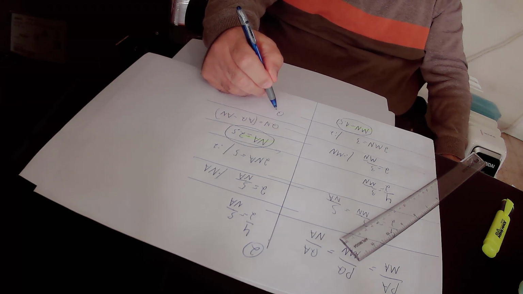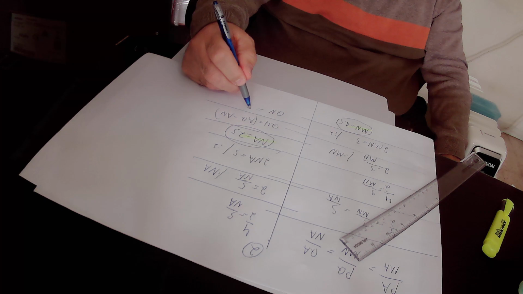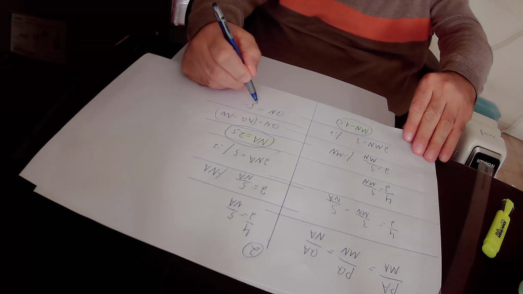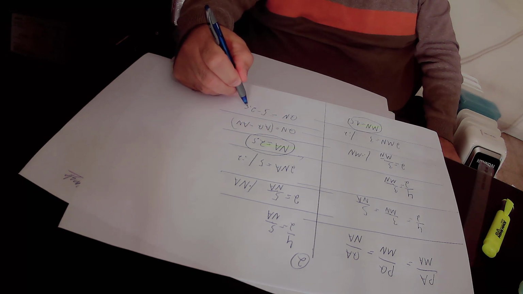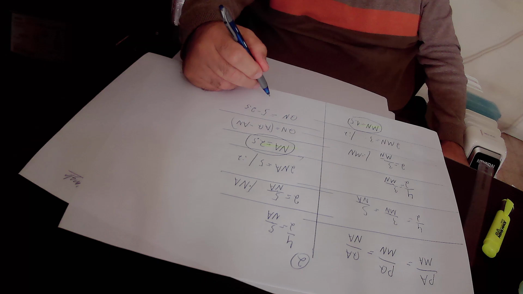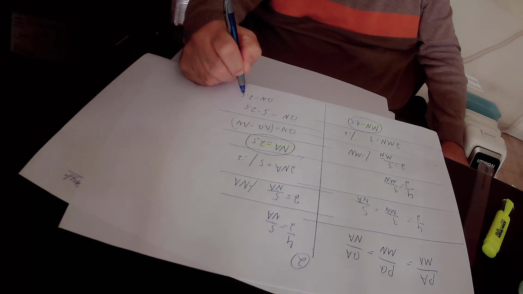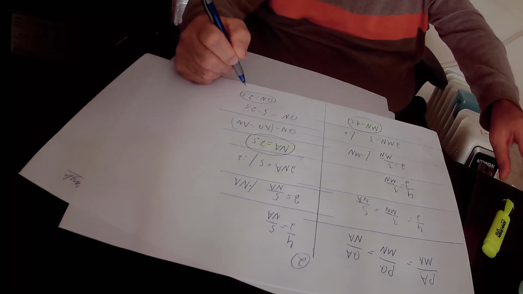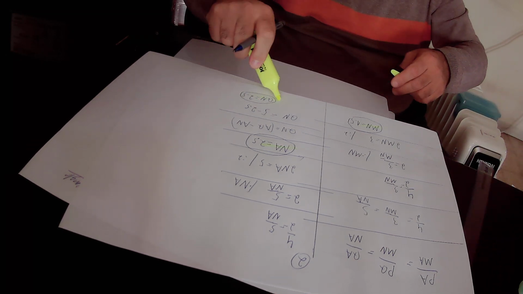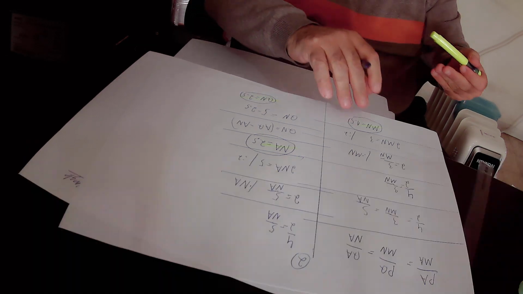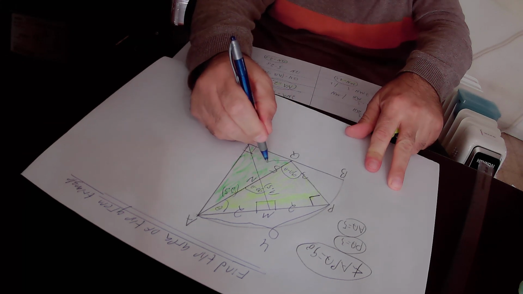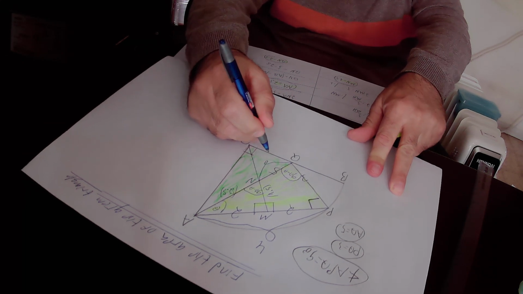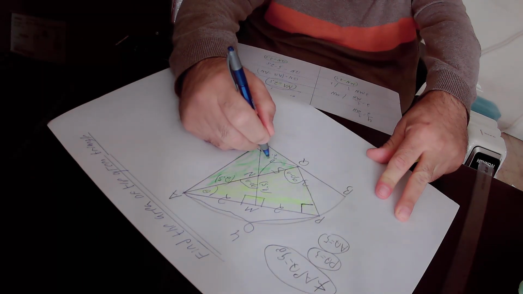So QN equals AQ, which is 5, minus AN, which is 2.5. In total, QN equals 5 minus 2.5, which is 2.5 units. QN equals 2.5 units in its length. I write it down.